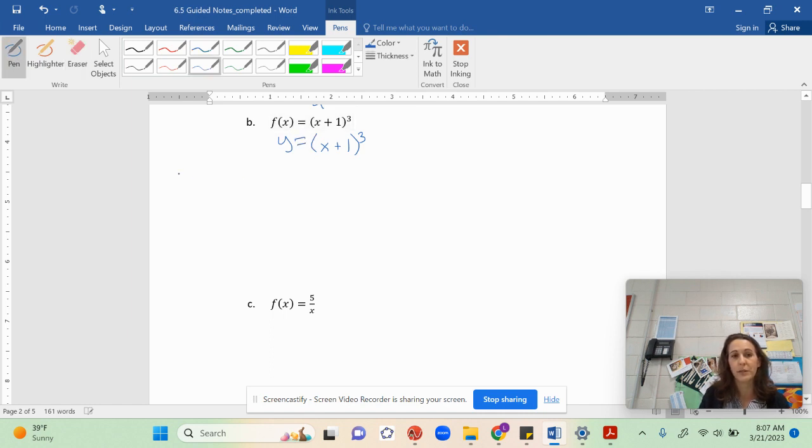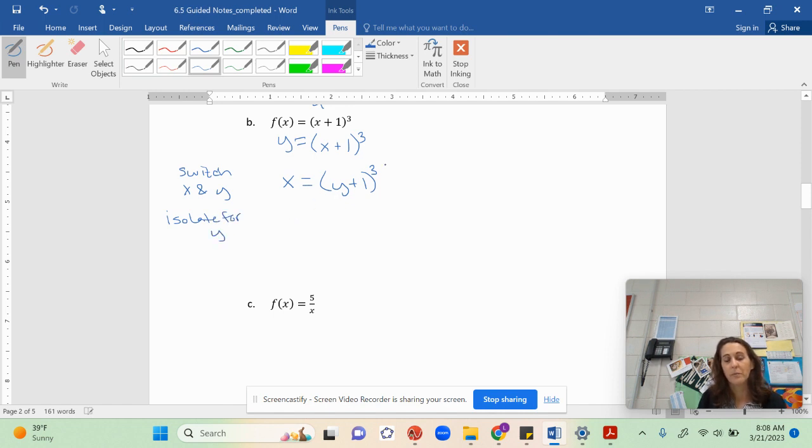Then the first real step is to switch x and y. So we have x equals y plus 1, all cubed. Then we want to isolate for y.